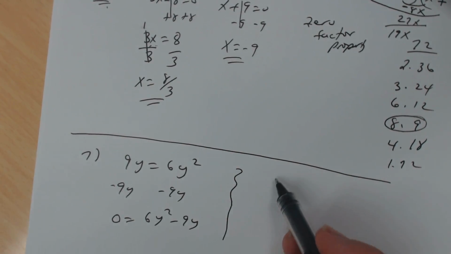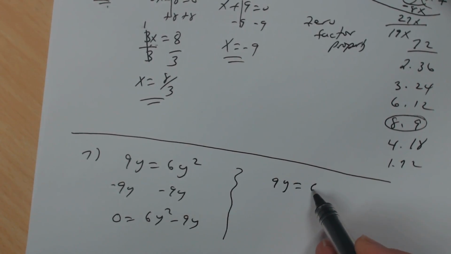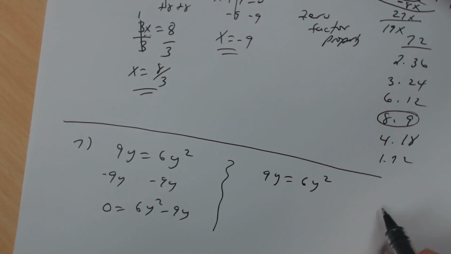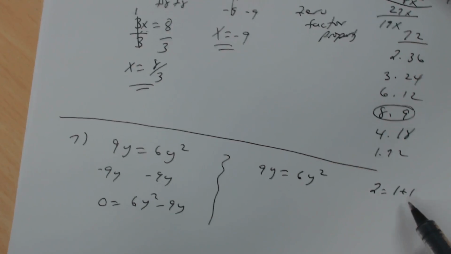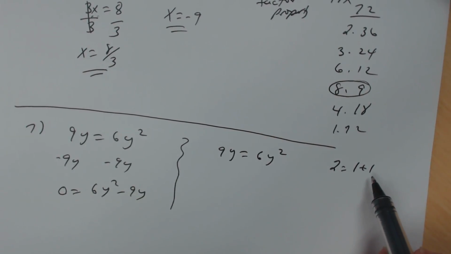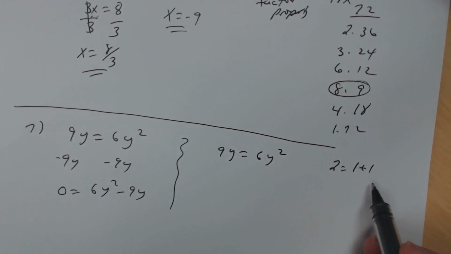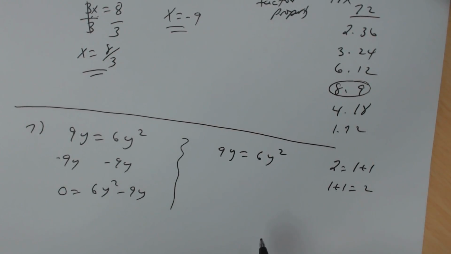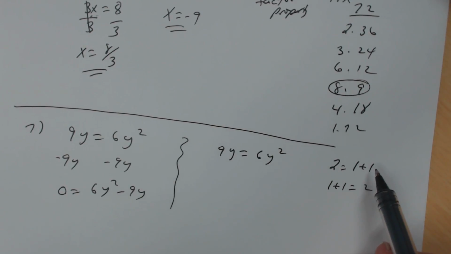Now, the other way to think about this is I'm going to go ahead and rewrite this. So remember, I'm just writing this as an example, if 2 equals 1 plus 1, then you need to understand also that 1 plus 1 equals 2. So you see, all I did was just transpose the sides. So it's still a true statement. 2 equals 1 plus 1, or 1 plus 1 equals 2.